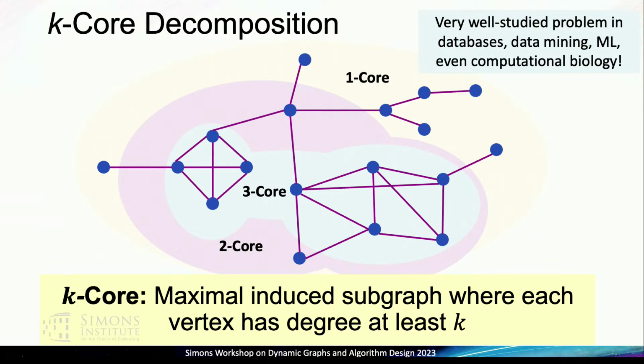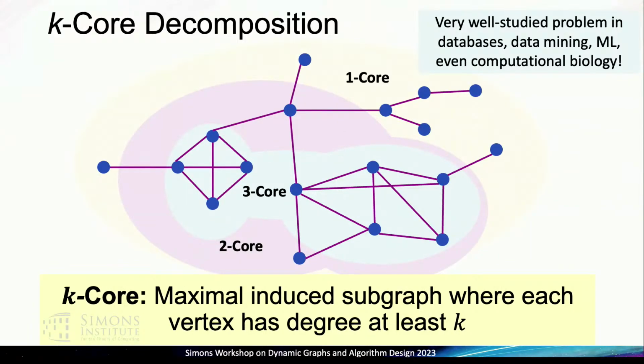Okay, so the solutions for this problem are called the K-core decomposition. Surprisingly, this K-core decomposition problem is actually much more well studied in the databases, data mining, ML, even computational biology communities. So you might have heard of K-core decomposition from its related problems, which are densest subgraphs, arboricity, degeneracy.